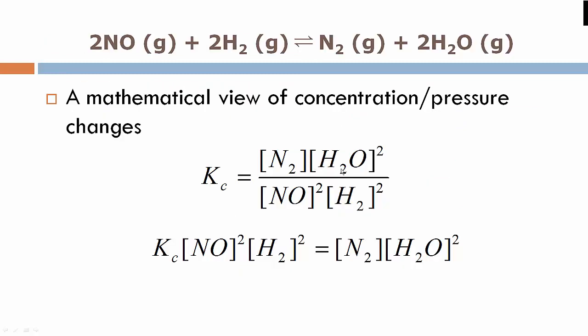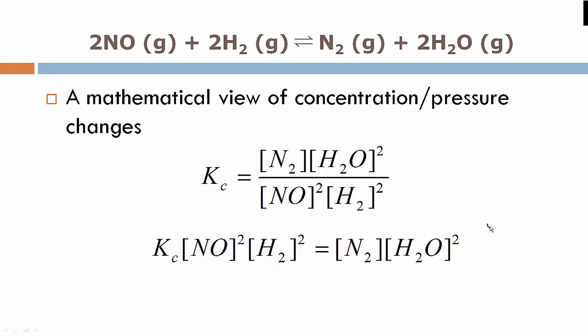So let's think about the same reaction, the NO and H2 reaction, and write out its equilibrium constant expression. You can rearrange this to get everything out of the denominator. So you have the Kc times the NO squared times the H2 squared equals N2 times the H2O squared.